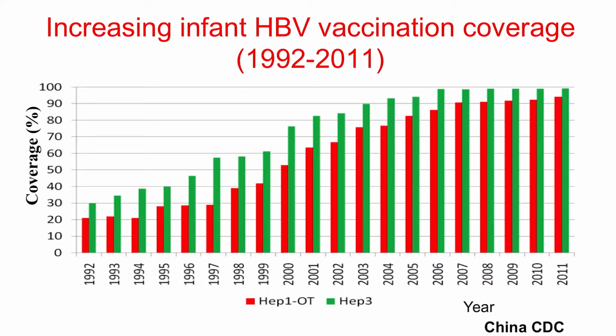For example, in mainland China, we can see the increasing hepatitis B vaccination coverage from 1992 to 2011. We can see both the birth dose vaccination and the full 3-dose vaccination increased steadily, over 90% in the last several years. So this translates to the dramatic decrease in the surface antigen in the young population.